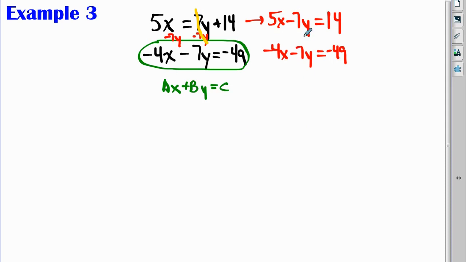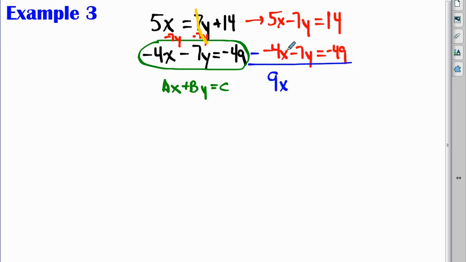Now, if you look, these are the exact same sign. So if you remember, to cancel out the same sign, we're going to subtract. It's a little trickier when they're both negative, but it's the same thing. So we're going to subtract 5 minus negative 4. That's the same as adding a positive 4, so that's 9x.